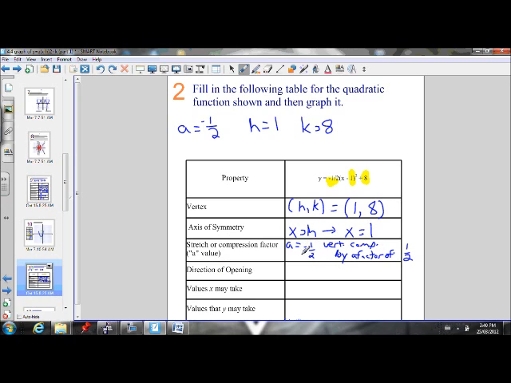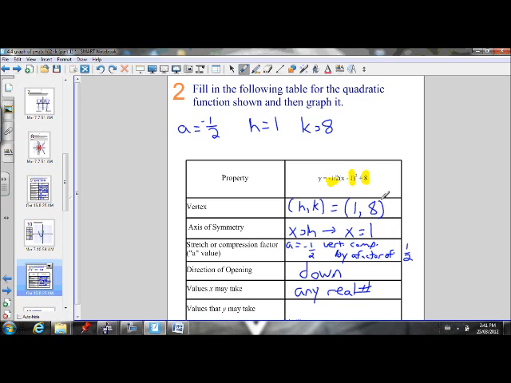Because the a value is negative, we know that the parabola is reflected in the x-axis. So that means it is now opening down. When a parabola opens down, we know that it has a maximum value. Values x may take, once again, it's any real number. Values y may take: we know this parabola has a maximum value because it opens down.